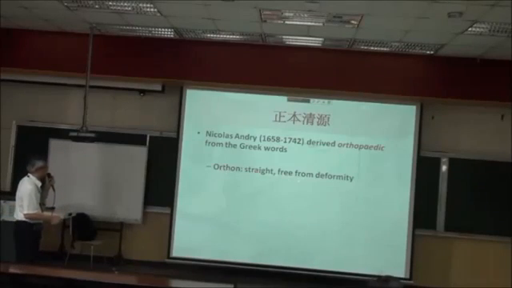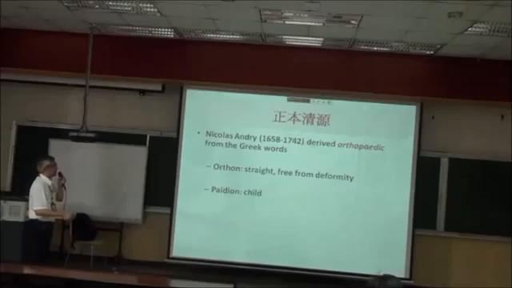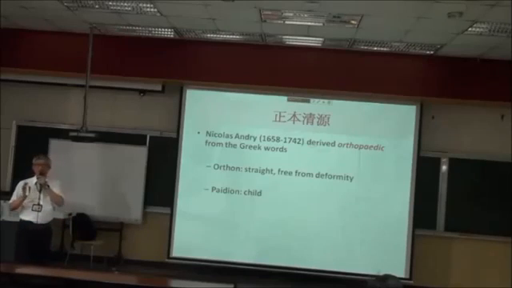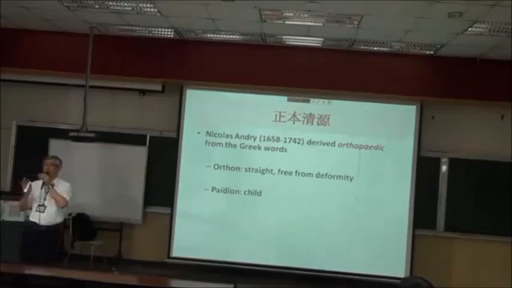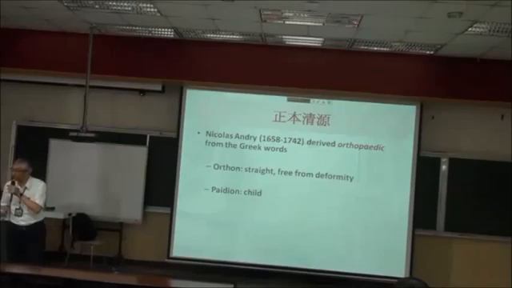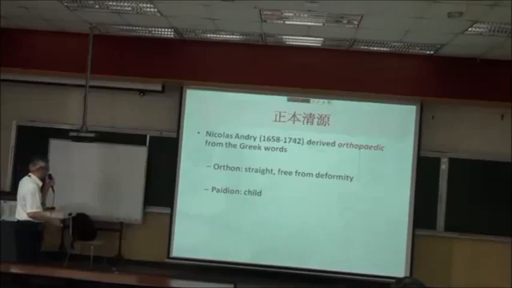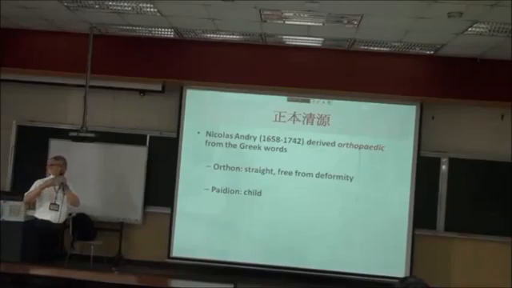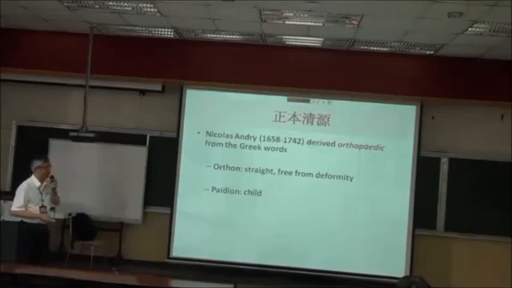So it also means free from deformity, from childhood. The word's meaning is to correct deformity since childhood. So at that time, orthopedics was just like a chiropractic doctor, not a real surgeon. Okay?